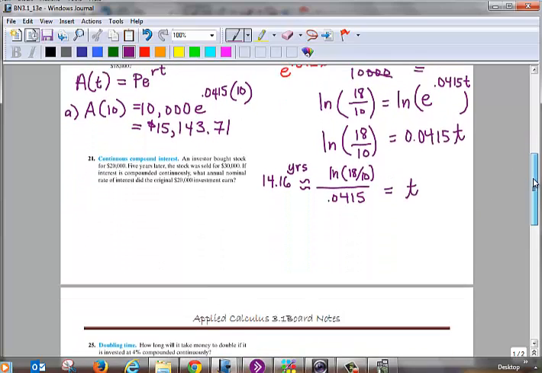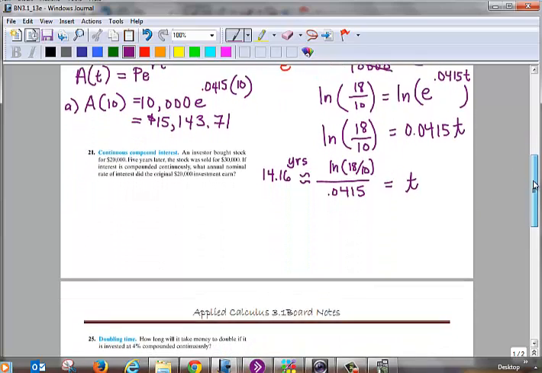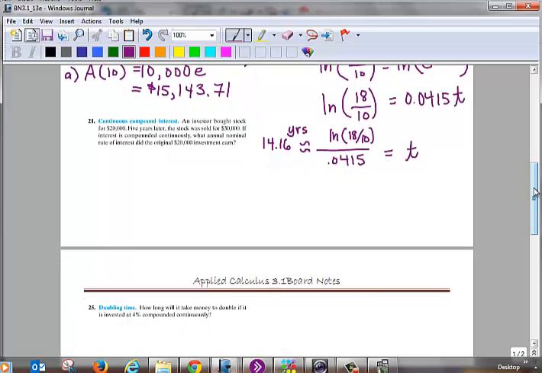All right, in the next example, it says an investor bought stock for $20,000. 5 years later, the stock was sold for $30,000. If the interest is compounded continuously, what is the nominal rate of interest that the original $20,000 earned? So in this case, we're solving for r.